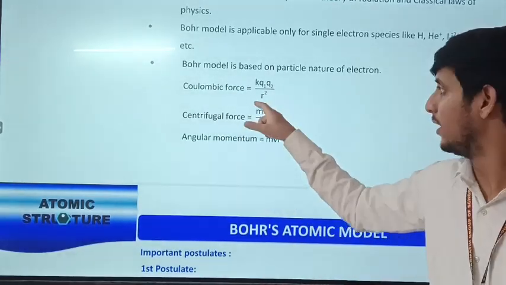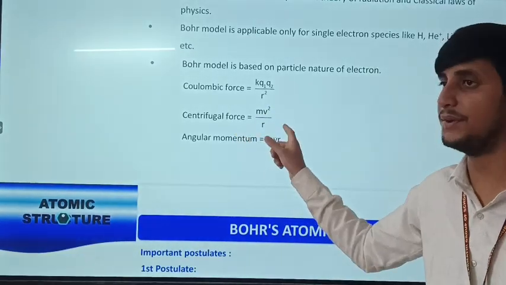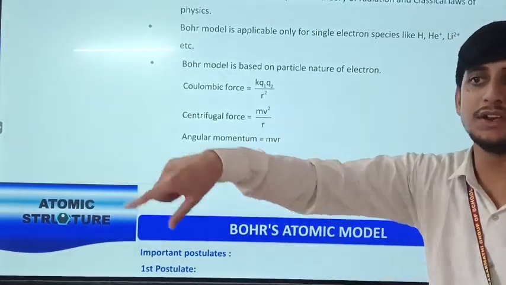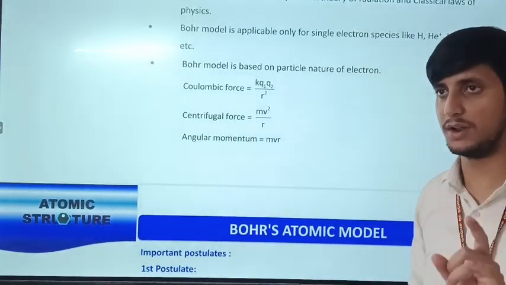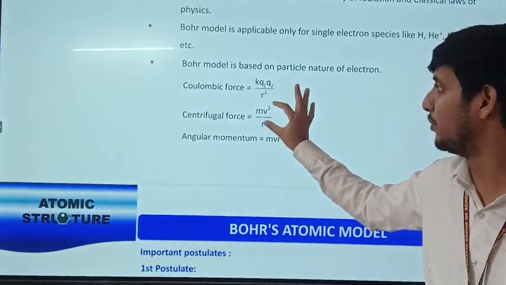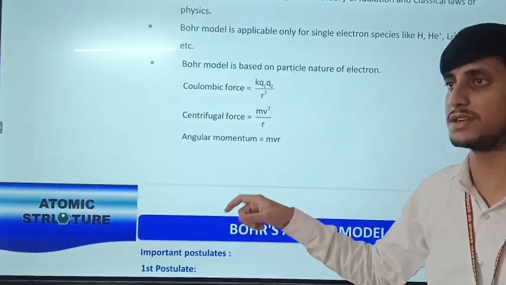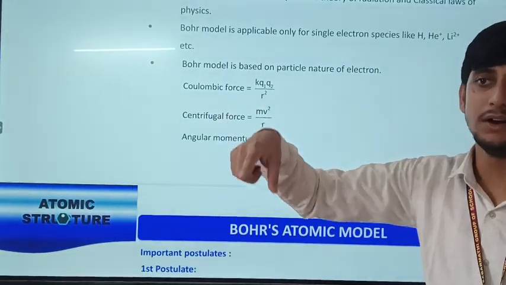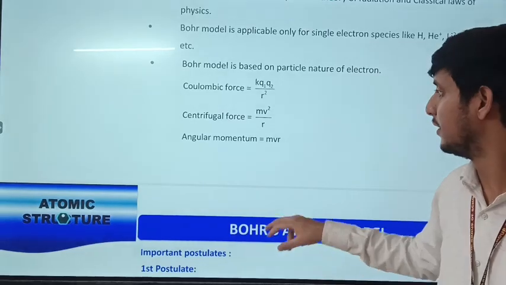Coulombic force is the attraction force, and centrifugal force is due to rotation of electrons, acting outwards. That is called centrifugal force, and this one is the centripetal force. That's why electrons are stable and revolve around the nucleus in a fixed path.